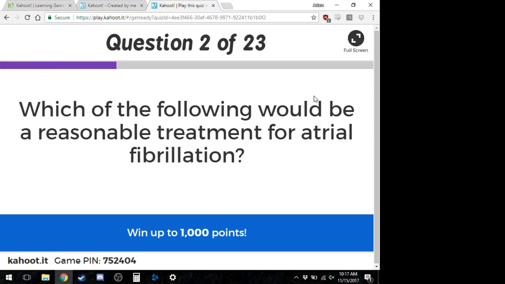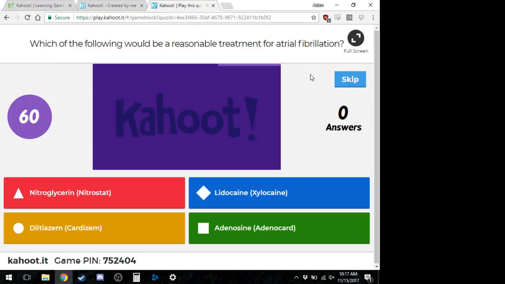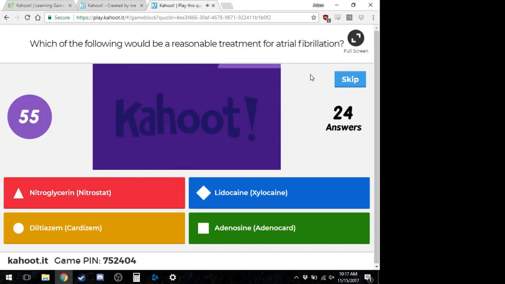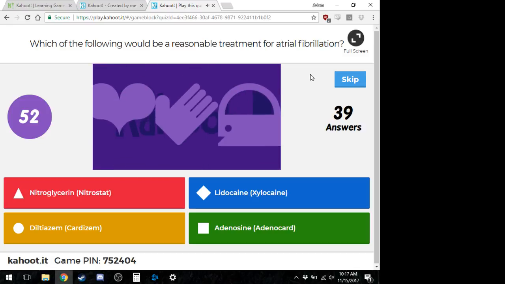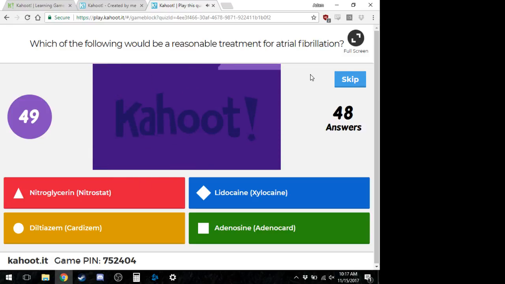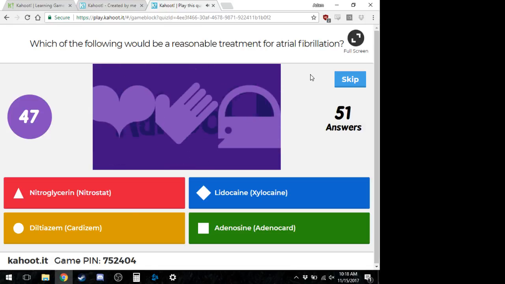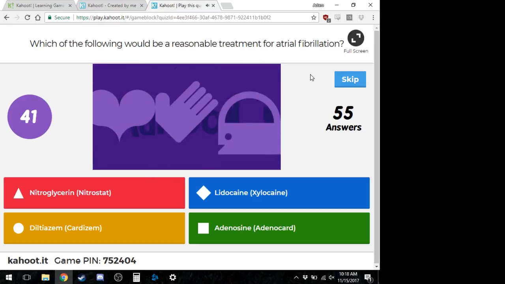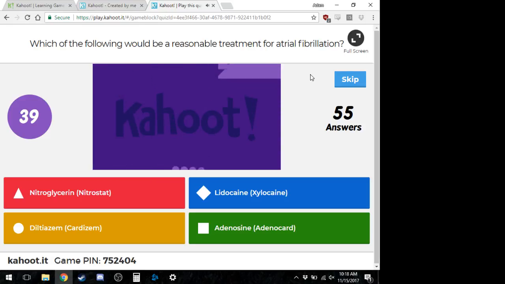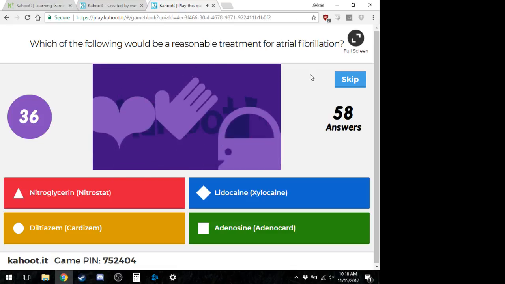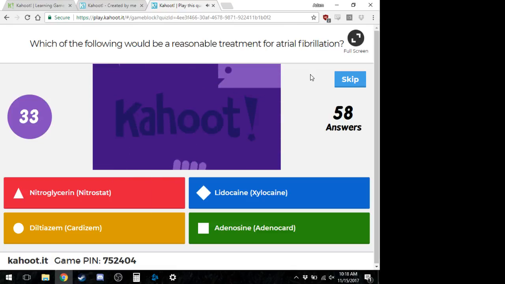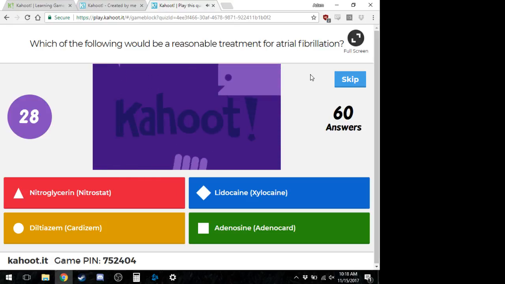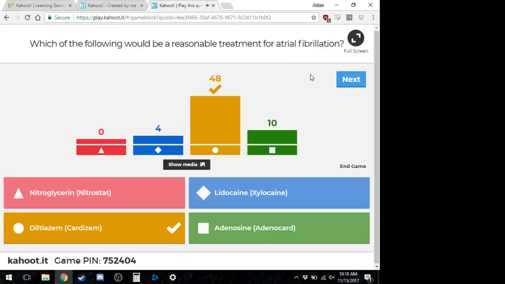All right, which of the following would be a reasonable treatment for atrial fibrillation? What's a reasonable treatment for AFib?